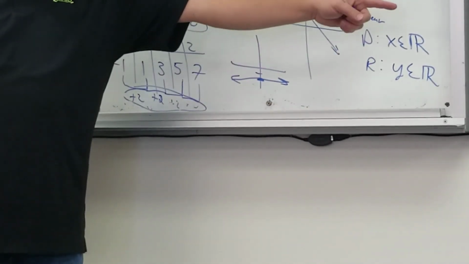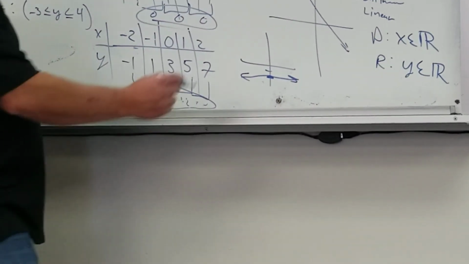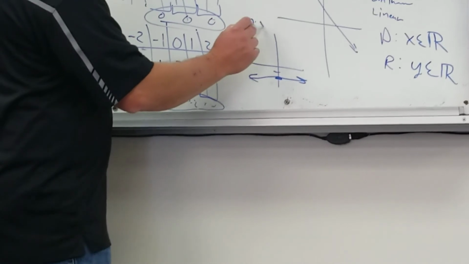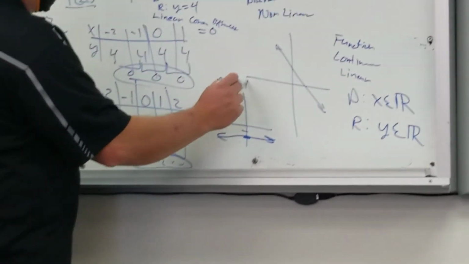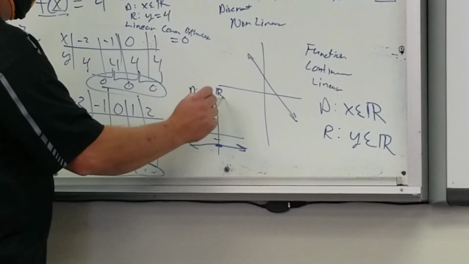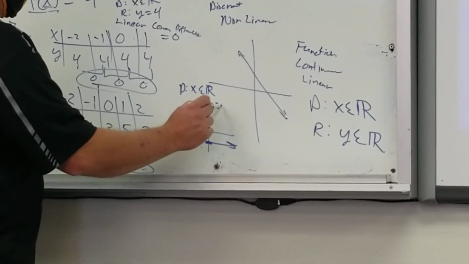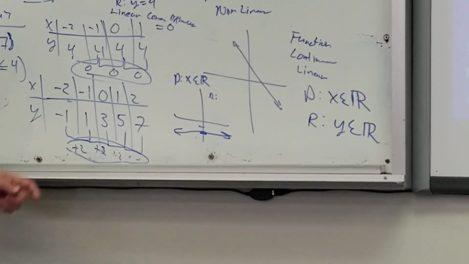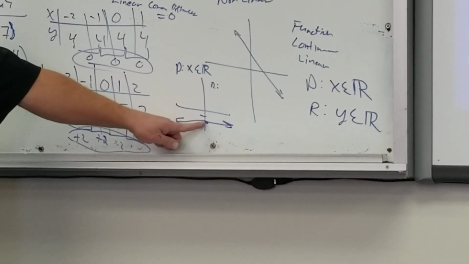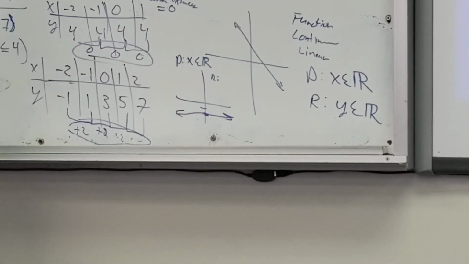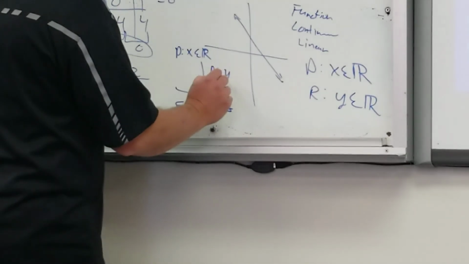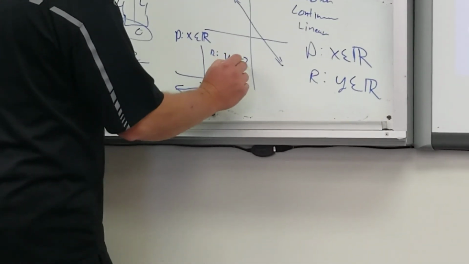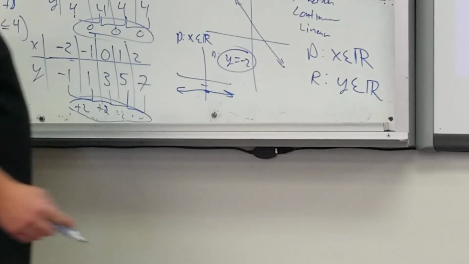Yeah, x can go as far as it wants to the right and left. So the domain is x is an element of the reals. But the range is what? What's the only thing y can be? -2. Y doesn't go up or down. So the range there is y has to be equal to -2. And that would be the range on that one.